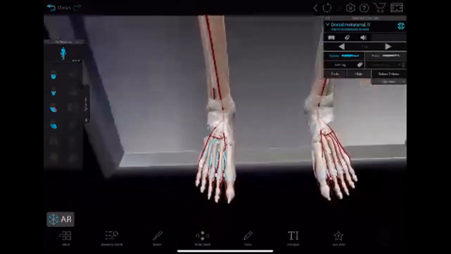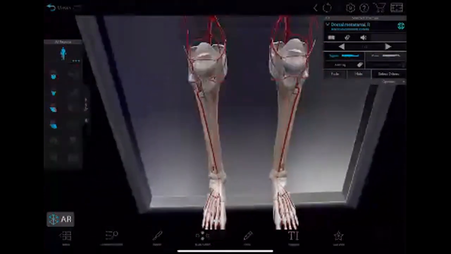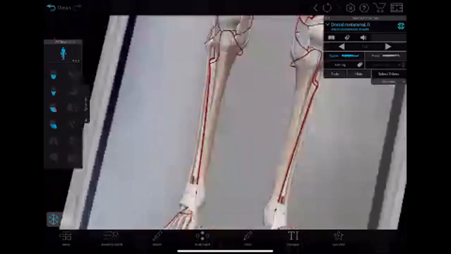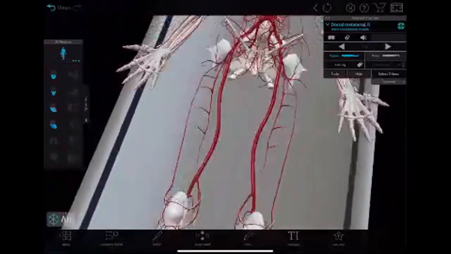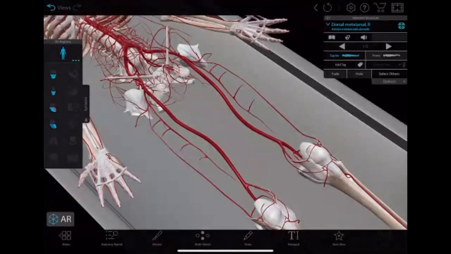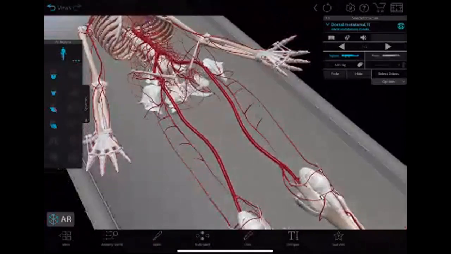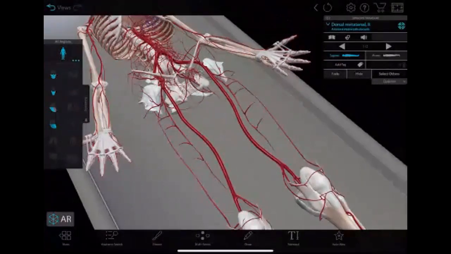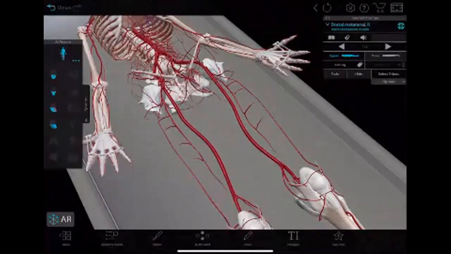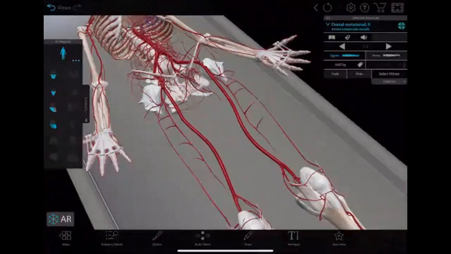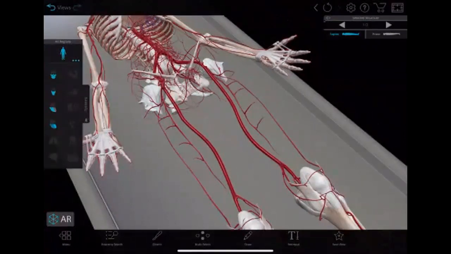That is the overview of the arterial system of the lower limb. So immediately, abdominal aorta, right and left common iliac arteries, then external and internal iliac arteries. The external iliac artery continues as the femoral artery beyond the inguinal ligament.